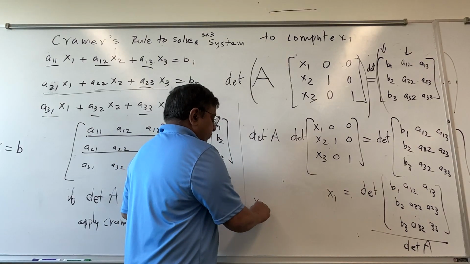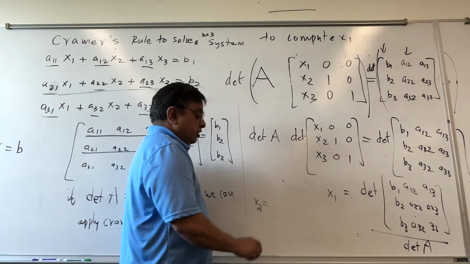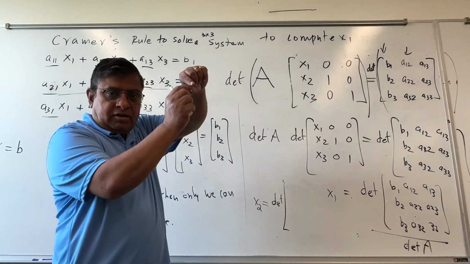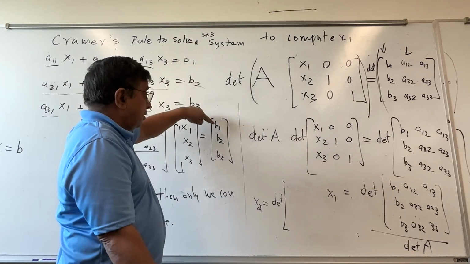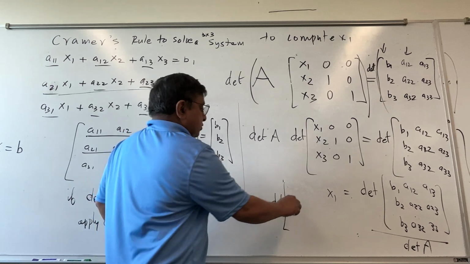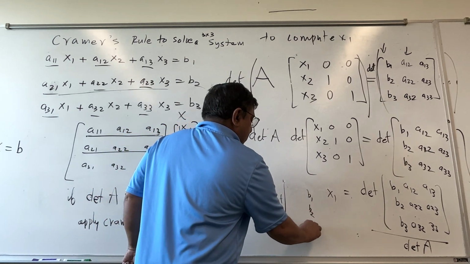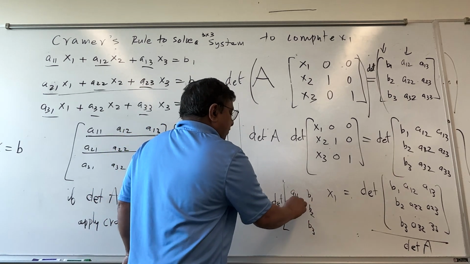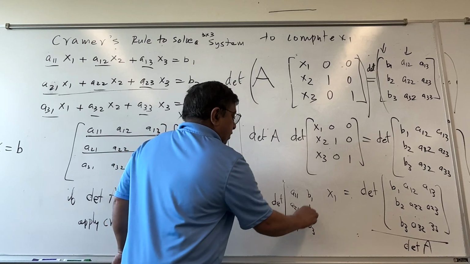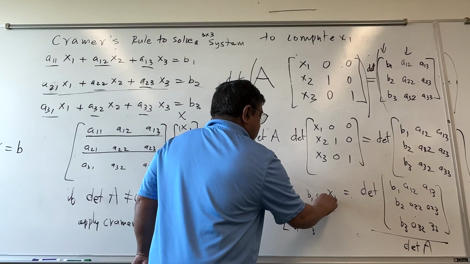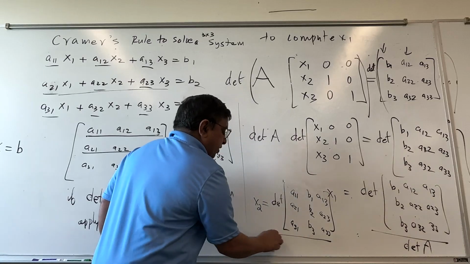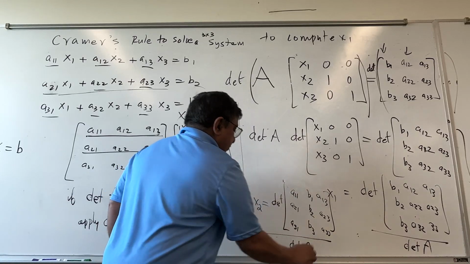So if I want to write down the formula for x2, it would be the determinant of the matrix obtained by replacing the second column of A by the output. So you have B1, B2, B3 as the second column. The first column stays as it is, and the third column stays as it is. And divide by det A. That's x2.